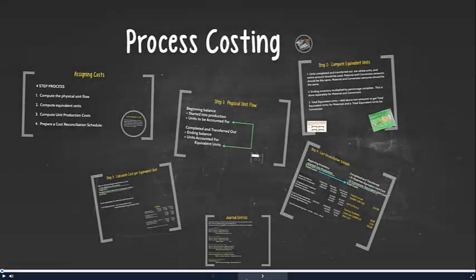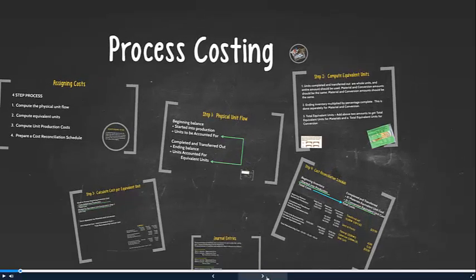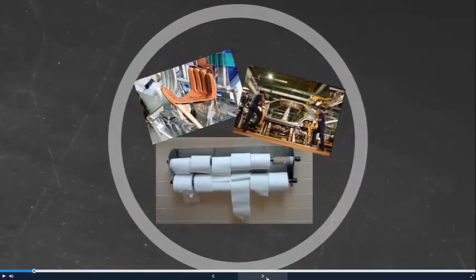This presentation will walk you through process costing and how to allocate the costs for these products. When we talk about process costing, it's good to review job order costing. Remember, job order costing is when we look at custom type products and we assign costs by job.